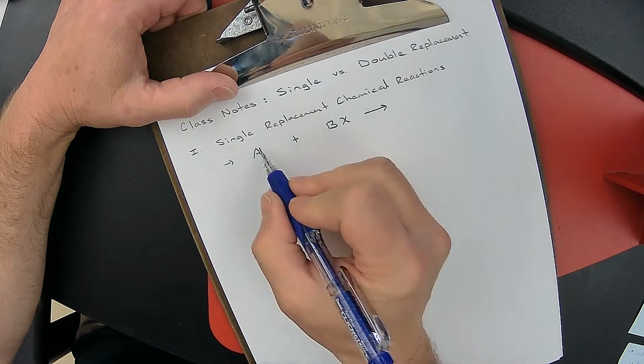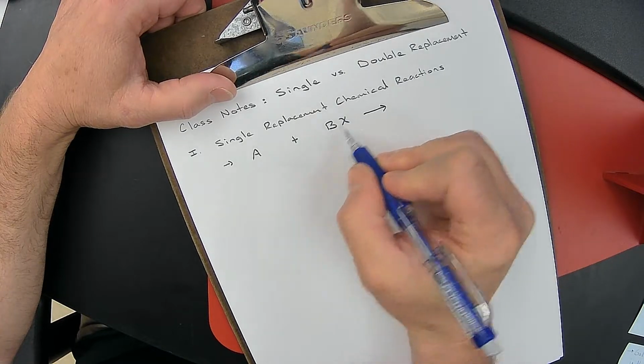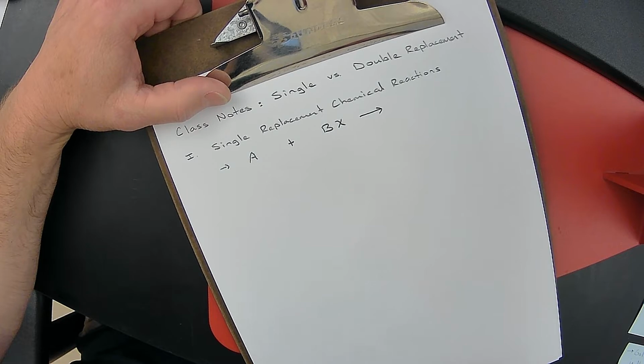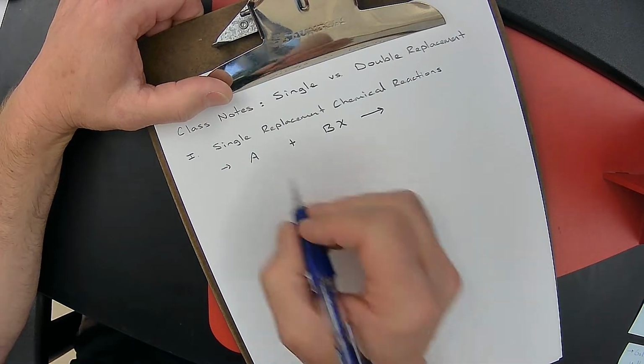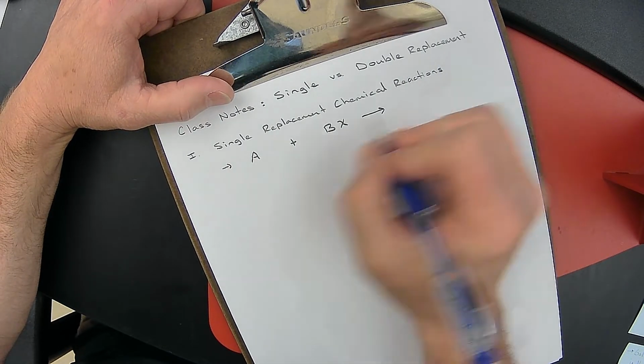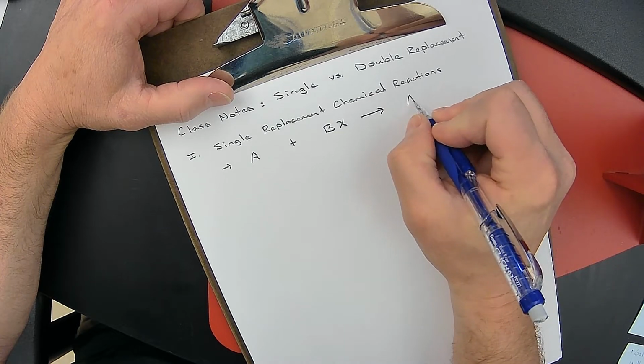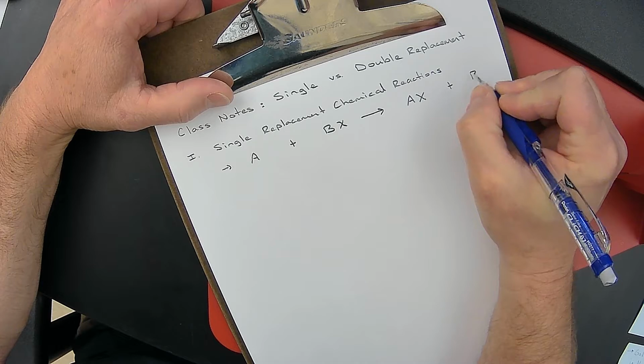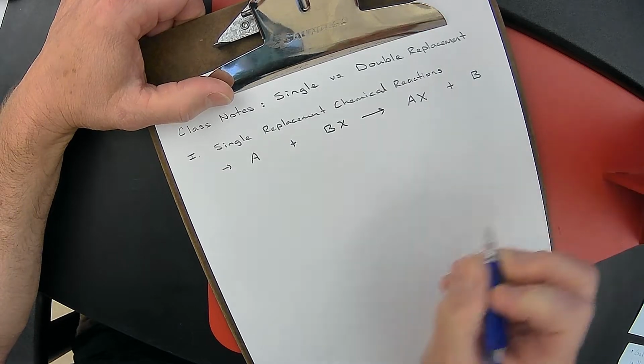And the question is, is A going to come in and replace B? And if it does, what will happen is the A will go with the X, and the B will go by itself.